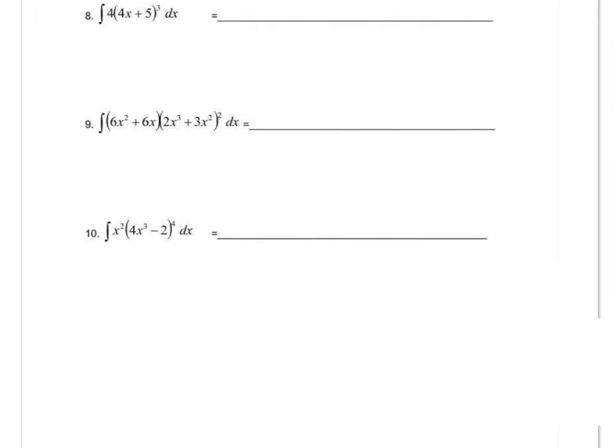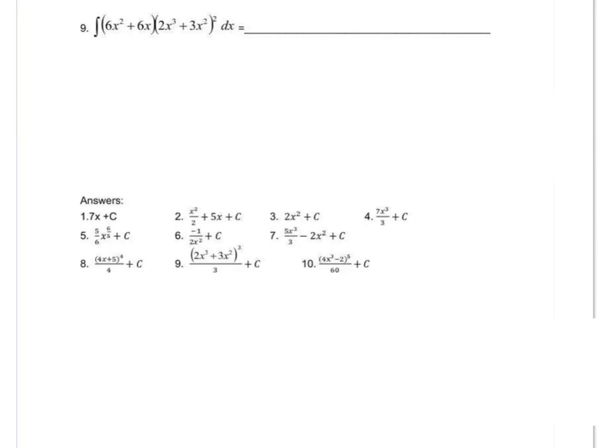Okay, so now for 9. I'm going to pick our u so that it is the term. When I take the derivative of it, I get the other. So for example, 6x squared gets me 12x, which is not here.